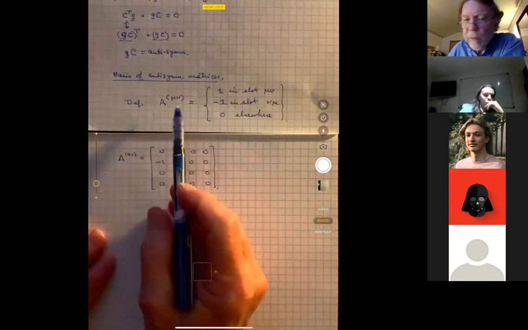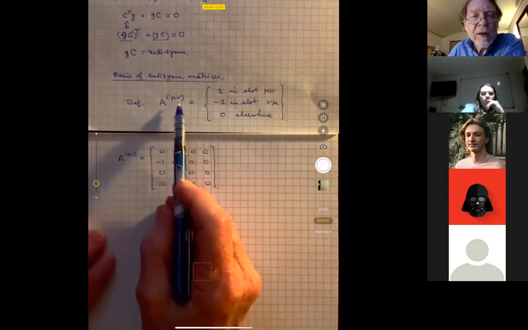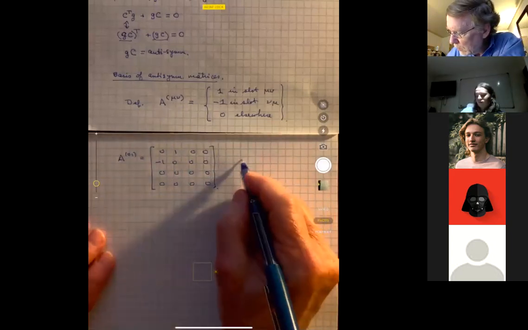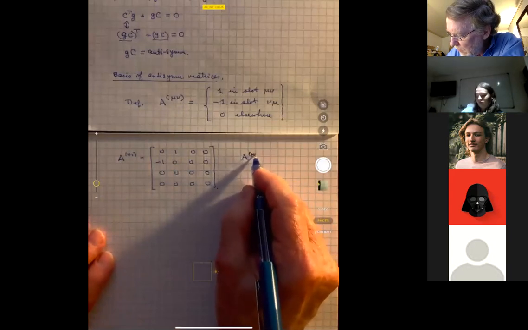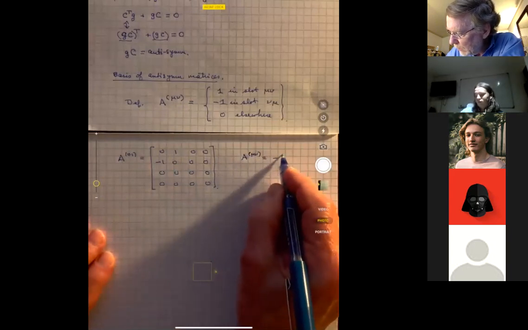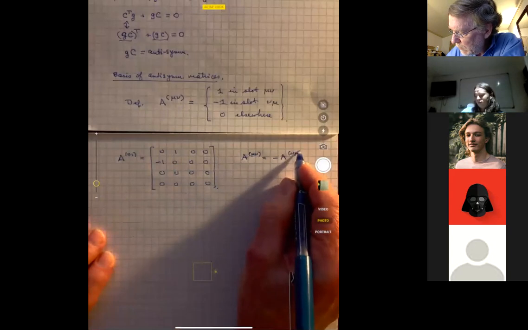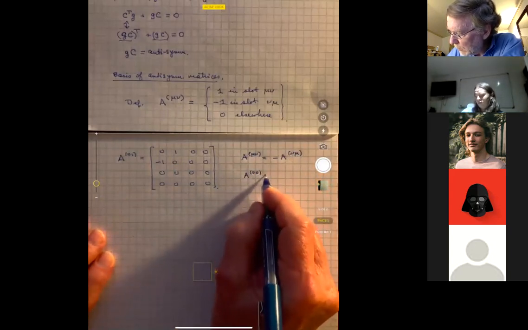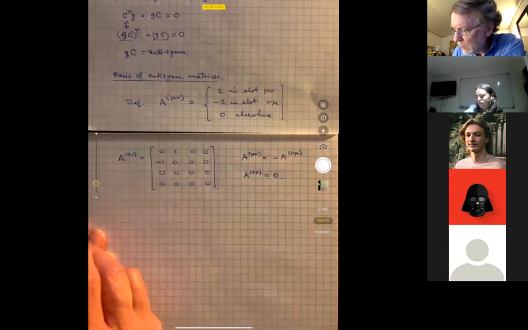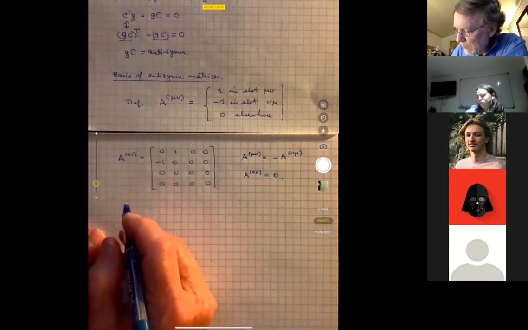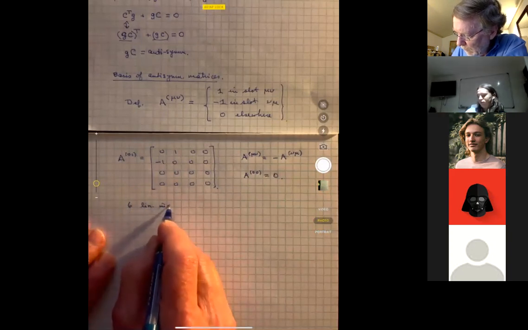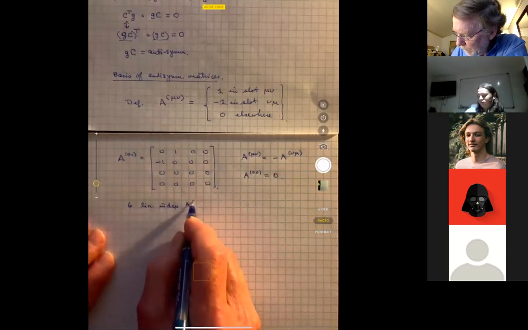If you let mu and nu run over all the possible values, you get 16 matrices, but they aren't all independent of each other. In fact, it's easy to see that A mu nu is equal to minus A nu mu. And in particular, if the two indices are the same, for example A00, the matrix vanishes. So what this means is there are only 6 linearly independent A mu nus.